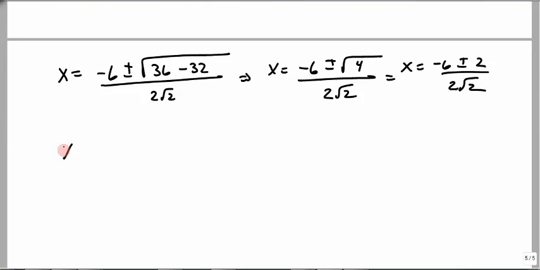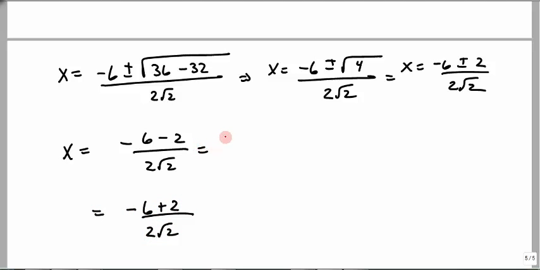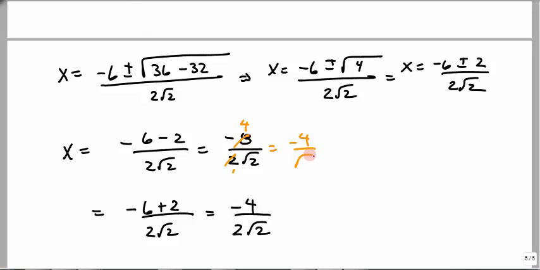So I have two solutions I need to work with here. Negative 6 minus 2, all over 2 root 2. And negative 6 plus 2 all over 2 root 2. So I have a negative 8 over 2 root 2. And then I also have a negative 6 plus 2 is a negative 4 over 2 root 2. Well, I can cancel here right away. And I have a negative 4 over root 2. And then here, 2 cancels into the 4 twice, drag along the negative.